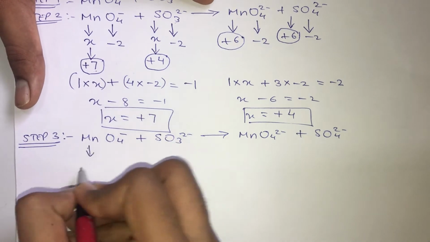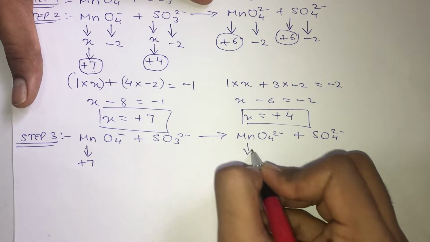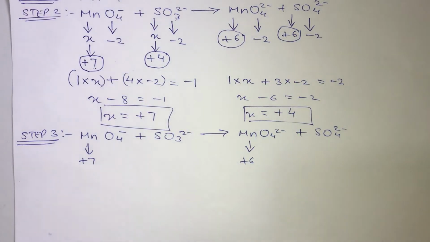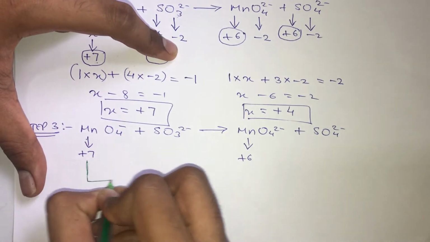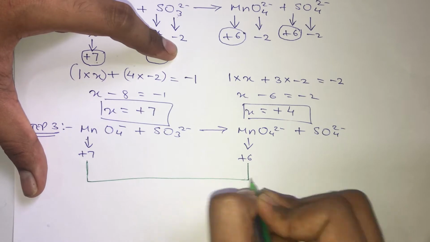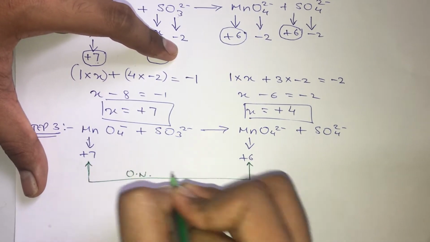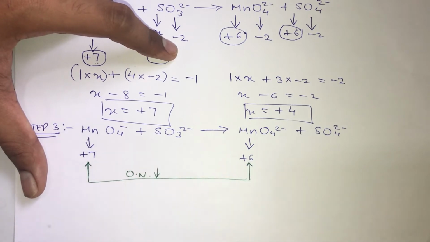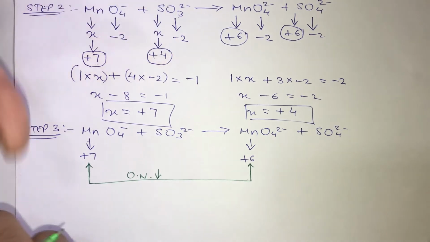The manganese oxidation number has changed from +7 to +6. So here, can I say, guys, that the oxidation number has decreased from +7 to +6.